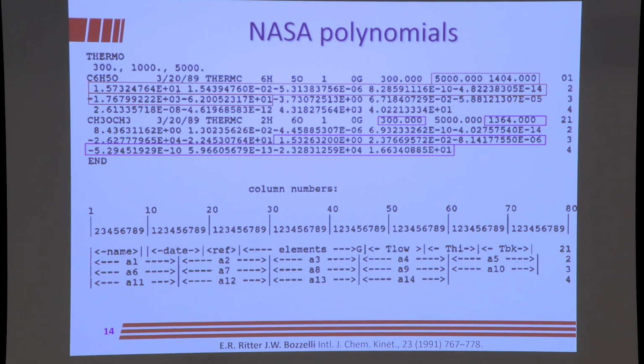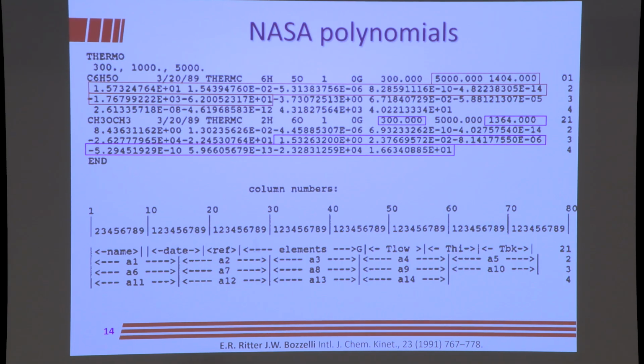So what does that mean? Well, let's just look at it for a second. We have 1, 2, 3, 4, 5, 6, 7. But I have this in red. So they're the high temperature end fit for Cp, right?